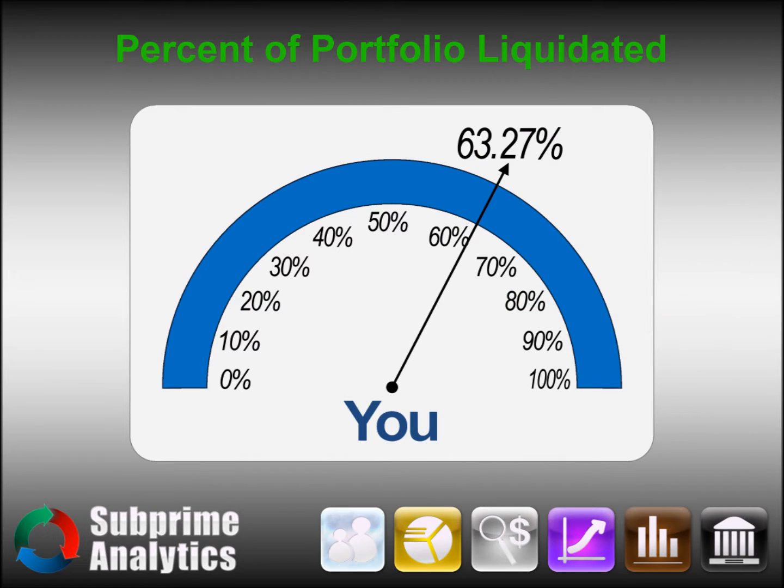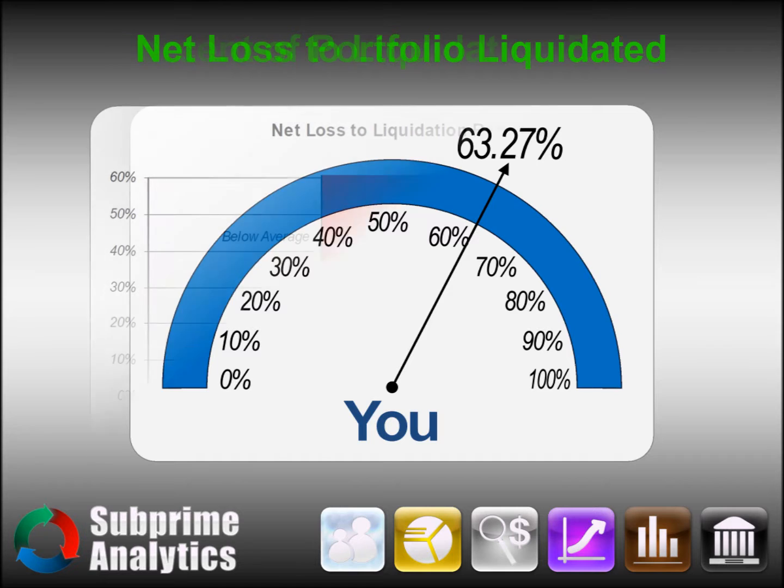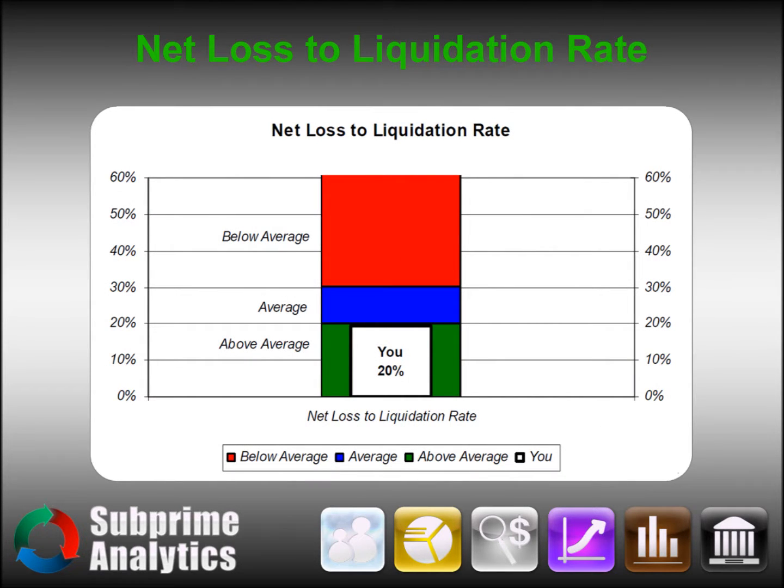First, we look at the percent your portfolio is liquidated. This graph is important because you need to know whether you're replacing your contracts as fast as they liquidate and how far amortized into your portfolio you are. Then we calculate your net loss to liquidation rate. This determines the pace at which losses are occurring in your portfolio.